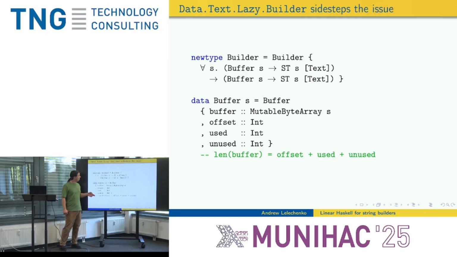So the buffer here is basically just a mutable array with, again, offset, and it has 2 numbers. One says how many elements are actually allocated, and how many elements at the end are unused, not allocated yet.